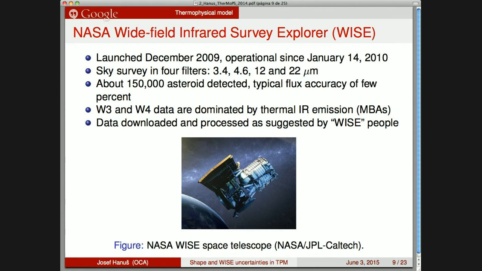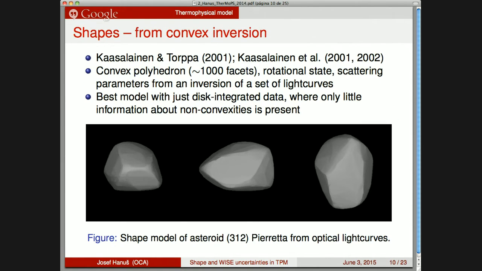And the other input are the shape models, which are derived from the convex inversion of Mikko Kaasalainen. It's a convex polyhedron with rotational states and scattering parameters, and it's based only on disk-integrated data.